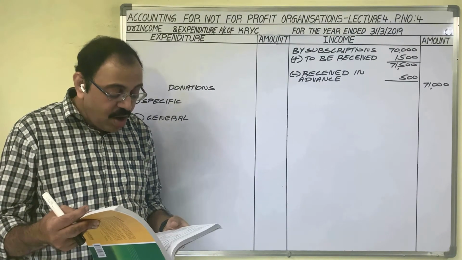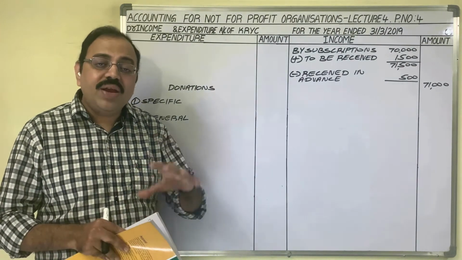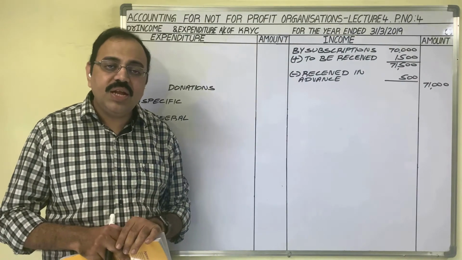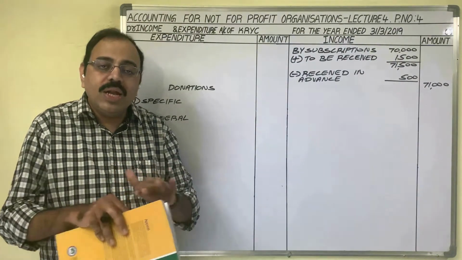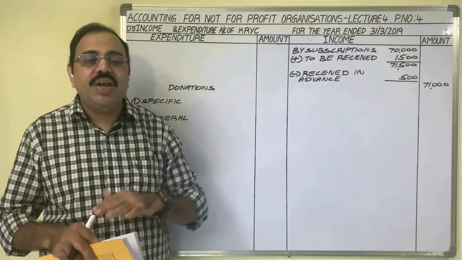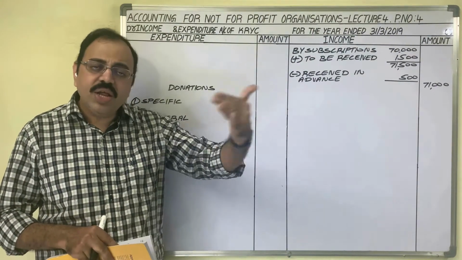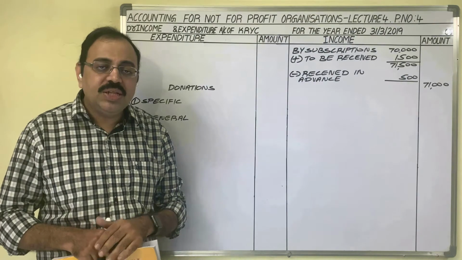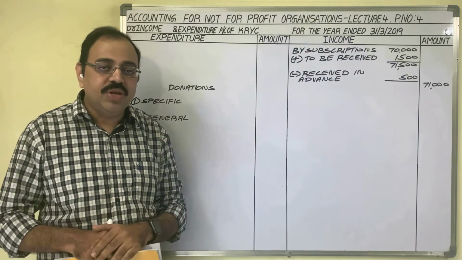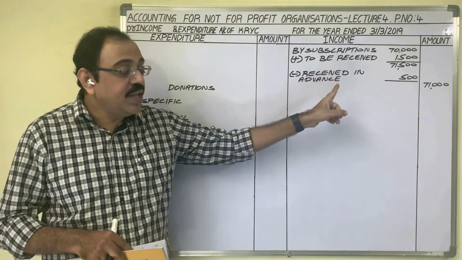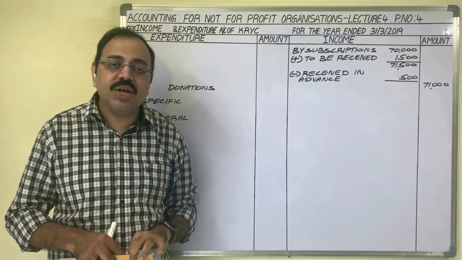Next, sale of old furniture. So furniture we sold. When furniture is totally damaged, then we sell the furniture. So this is not a regular income, means this is not revenue income. We should not show sale of furniture in income and expenditure account.